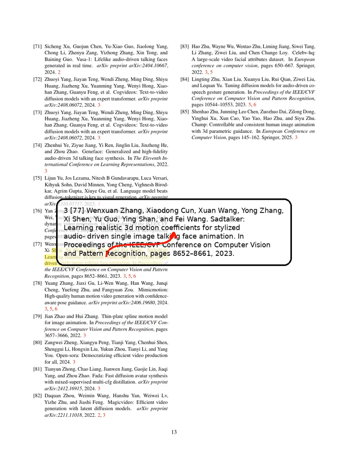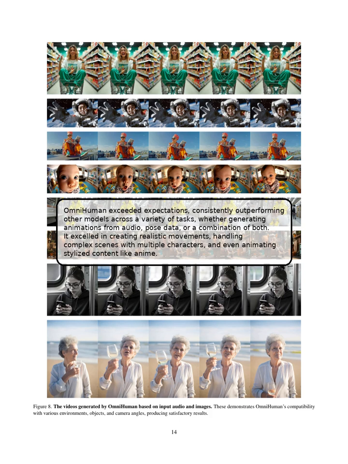And the results? OmniHuman exceeded expectations, consistently outperforming other models across a variety of tasks. Whether generating animations from audio, pose data, or a combination of both, it excelled in creating realistic movements, handling complex scenes with multiple characters, and even animating stylized content like anime.